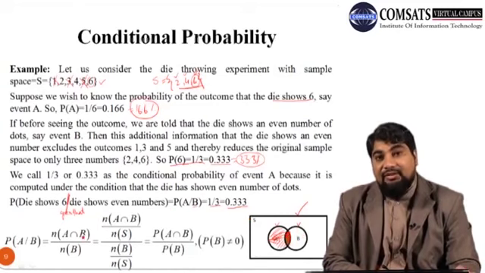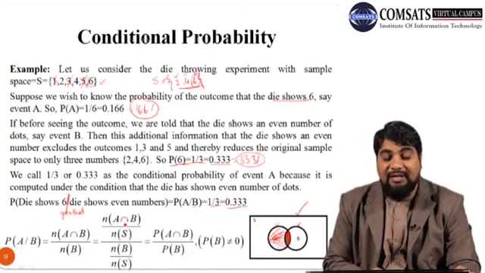Or we can divide the numerator and denominator both by NS. This is a certain mathematical trick.